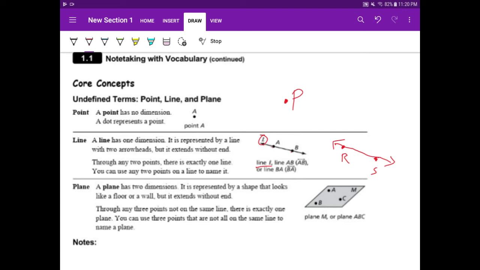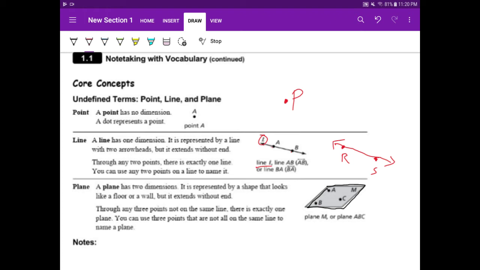The plane. The plane is 2 dimensions. It's represented by a shape that looks like a floor or a wall, but it extends without end. So these lines here on the outside of the plane, those are just so you can reference it. The borders are not real. It continues every direction.